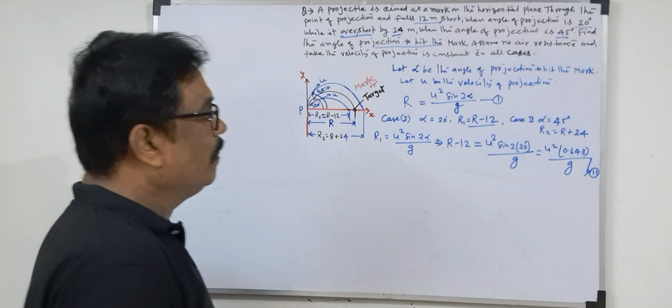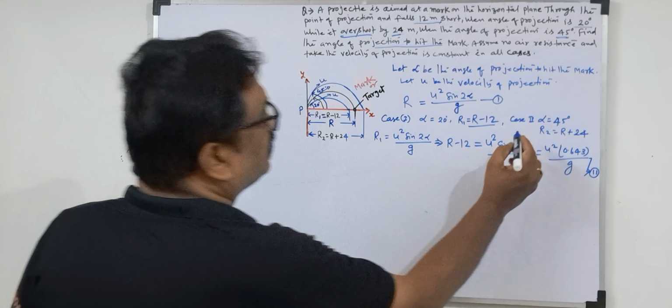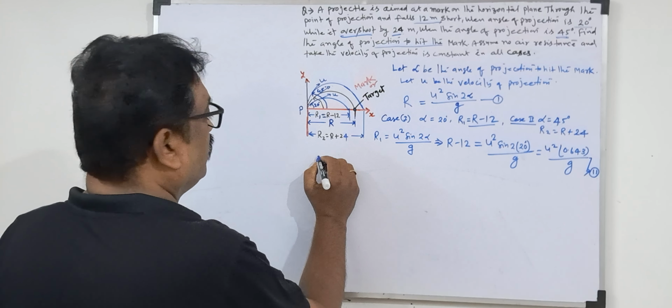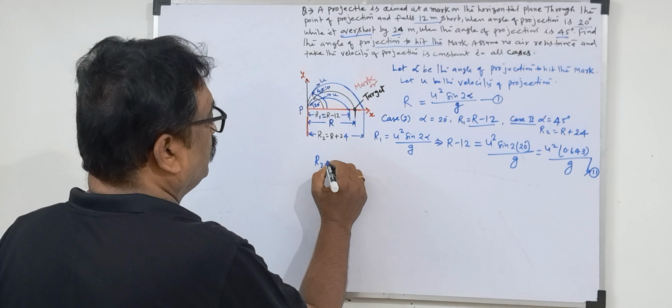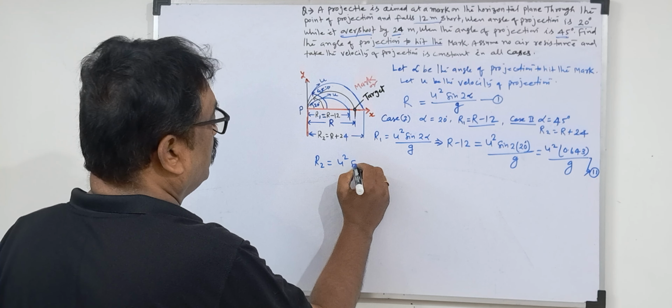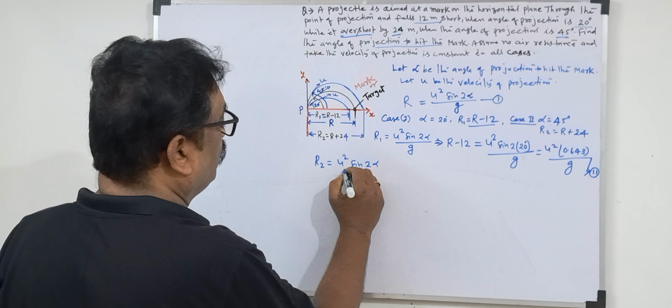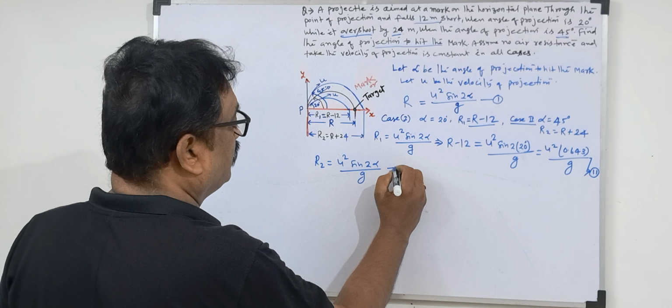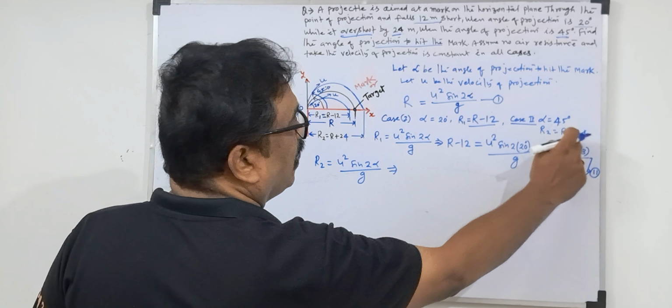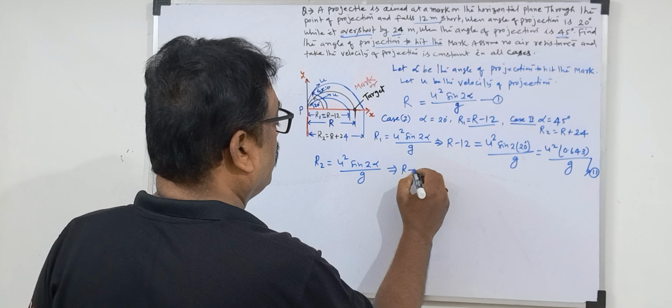Case 2. What is case 2 here? R2 equals u square sine 2 alpha by g. That implies R2 means R plus 24.